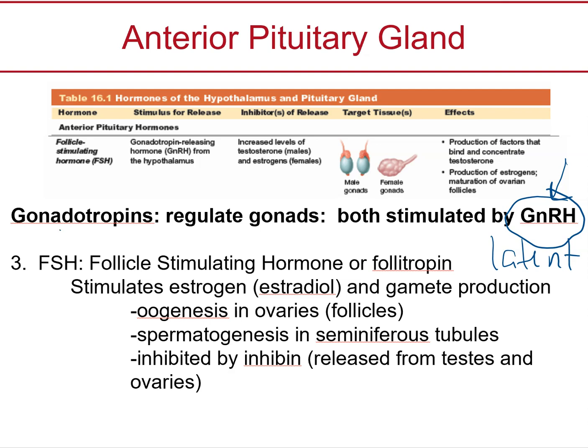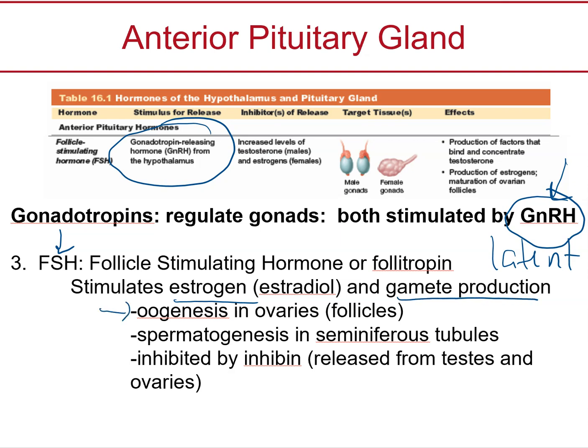So FSH is the first one here that we're looking at from the anterior pituitary. So it's under control of GnRH. And what does it do? Well, it goes to the female and male gonads. So it goes to the ovaries as well as the testes. And so it stimulates the production of estrogen and it stimulates gamete production.